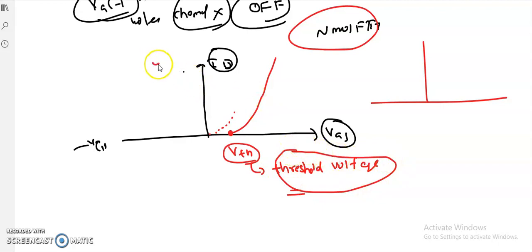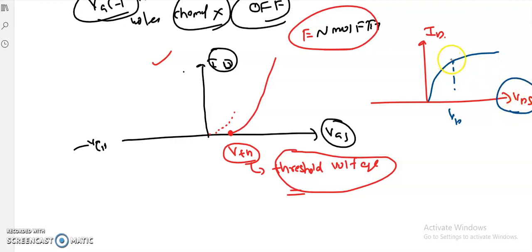So it is a graph of the transfer characteristics of the enhancement N-type MOSFET. Now if we see the output characteristics, we have to draw the graph between output voltage and output current. It is just the same as the JFET, so we'll get the curve like this, and here also the same, the pinch-off voltage will be maintained, and after the pinch-off voltage, even if you are increasing the VDS, the drain current will remain constant.